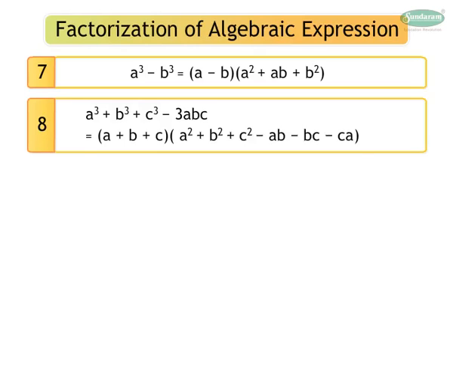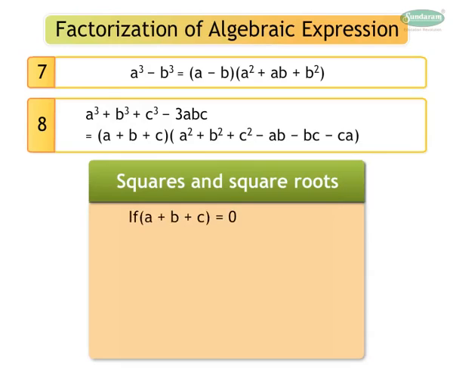In this case, students, please note that if the value of a plus b plus c is equal to 0, then a cube plus b cube plus c cube minus 3abc becomes 0. So, a cube plus b cube plus c cube is equal to 3abc.